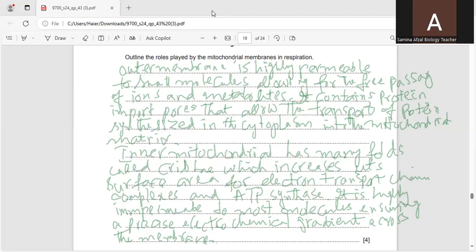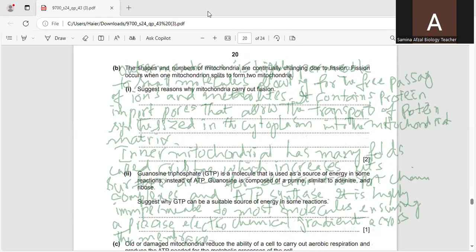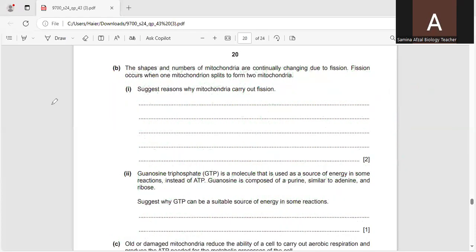So the next question is: the shape and number of mitochondria are constantly changing due to fission. Fission occurs when one mitochondrion splits to form two mitochondria. Suggest reasons why mitochondria carry out fission.